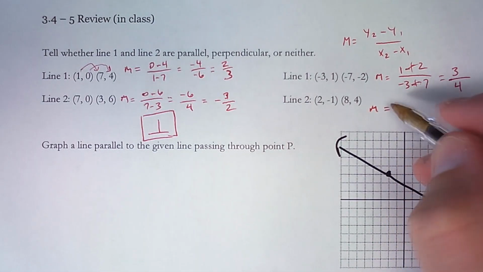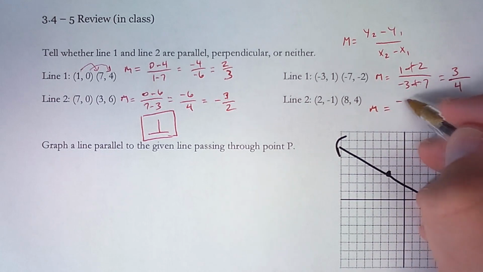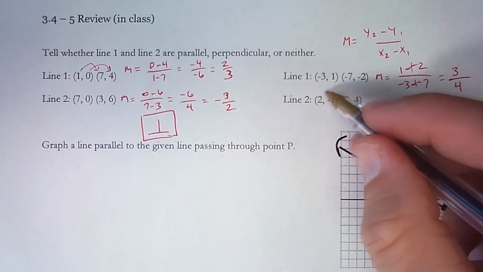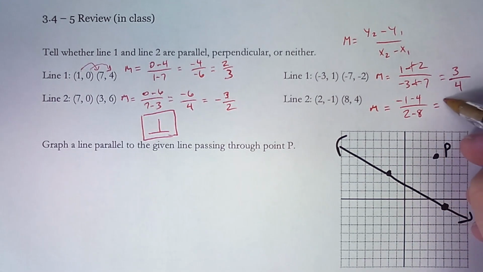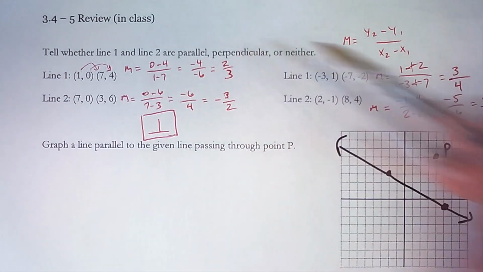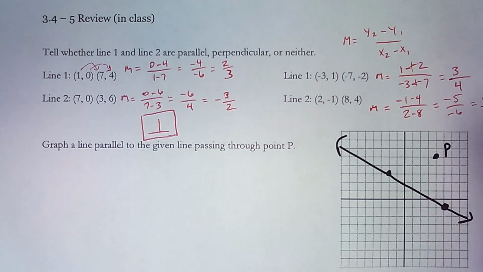The second line, negative 1 minus 4, and 2 minus 8. So that's negative 5 over negative 6, which is 5/6. These are not exactly the same, so they're not parallel. They are not opposite signs and reciprocals, so they're not perpendicular. These are neither.